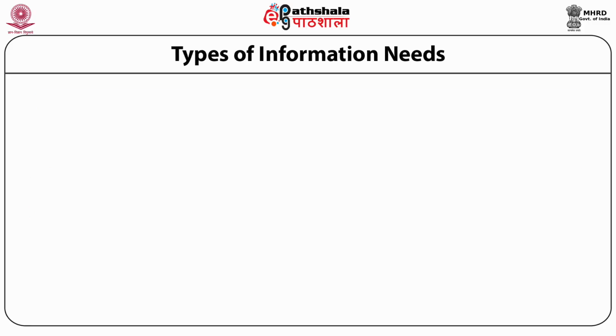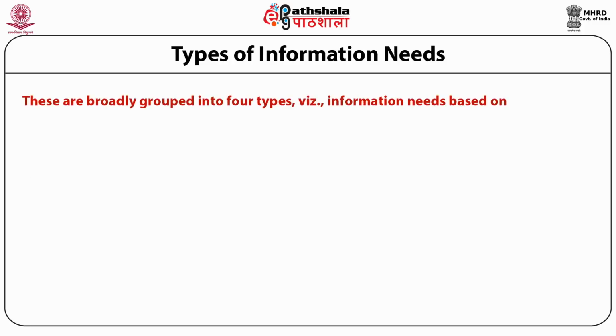Information needs of users are broadly grouped into 4 types, namely information needs based upon current approach, where they want to know about the current information, current topic. Everyday approach, which is information needed in everyday activity.